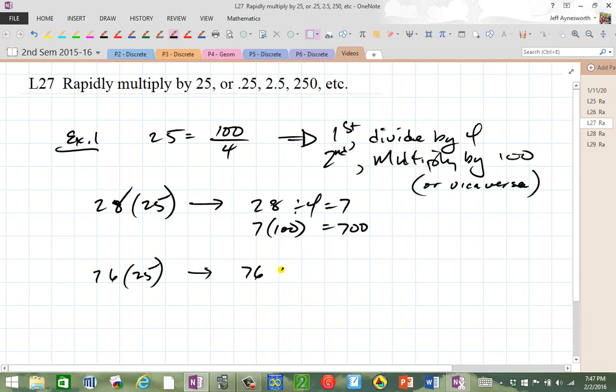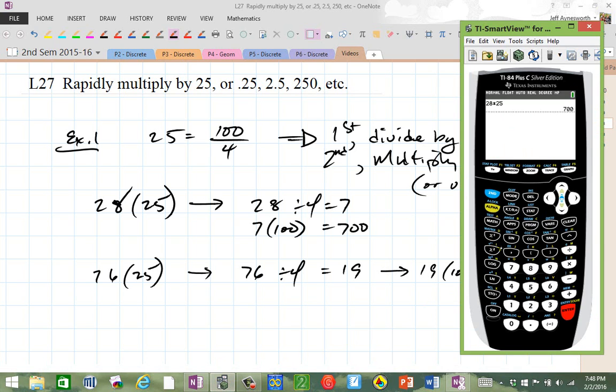You take 76 divided by 4. 4 divides into 7 one time, remainder 3, so that's 36. 4 into 36 is 9, so it divides 19 times. 4 times 10 is 40, 4 times 9 is 36, 40 and 36 is 76. Then you multiply it by 100. So you take 19 times 100, you get 1900.